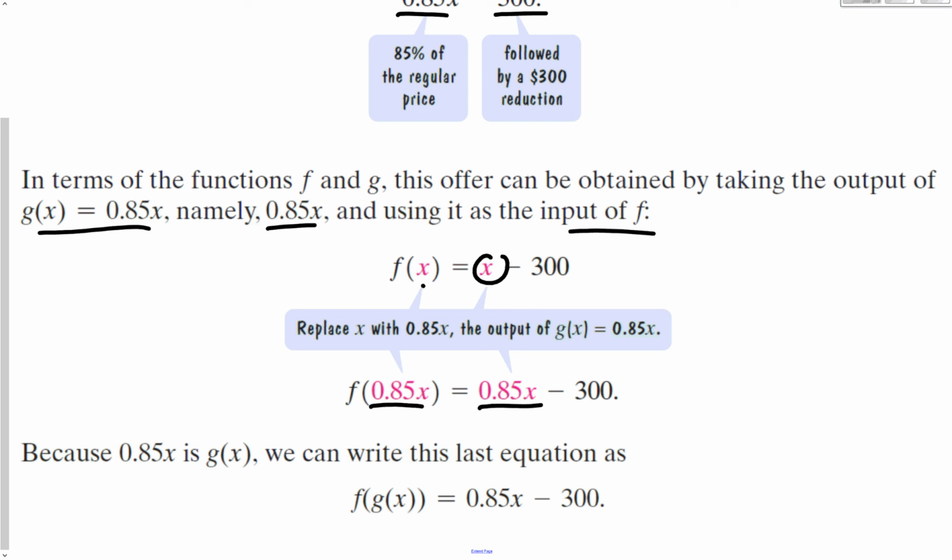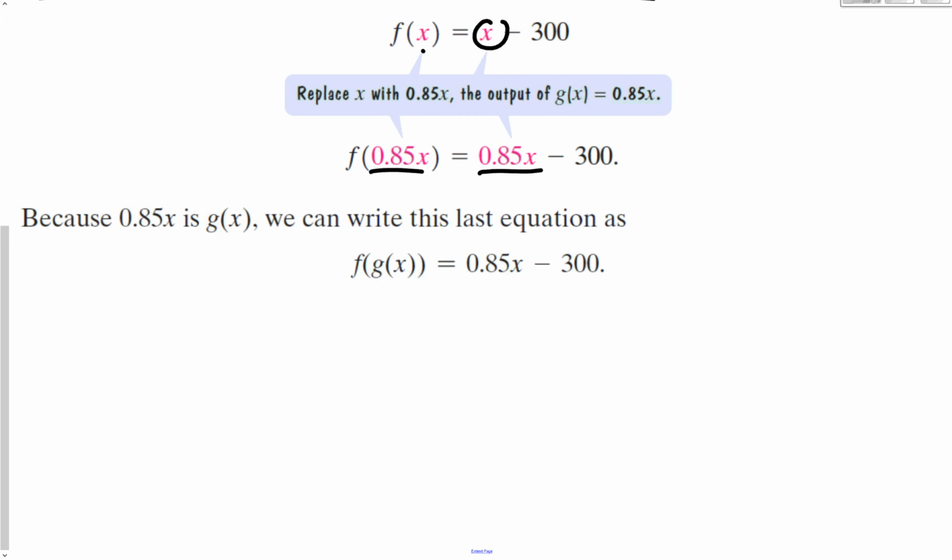Instead of the input of x, my input is going to be 0.85x. And that kind of looks like this, with g of x, which is this function, inside of f of x. That is the key to a combination function.